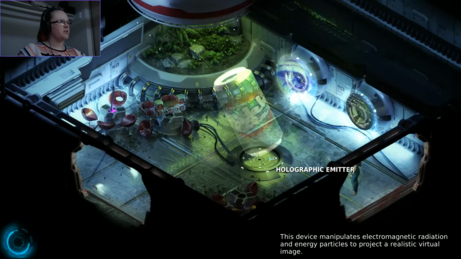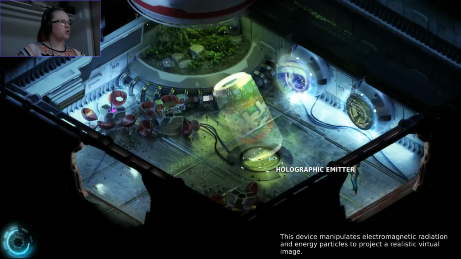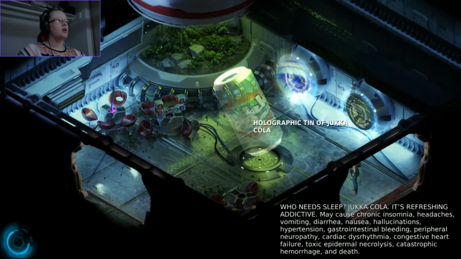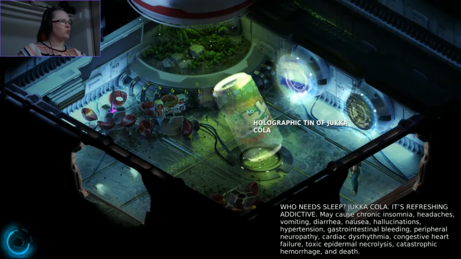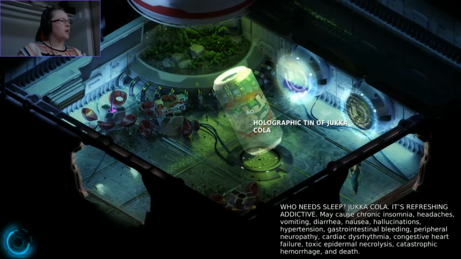Hologram. This device manipulates electromagnetic radiation and energy particles to project a realistic virtual thing. Hologram of Junka-Cola. Who needs sleep, Junka-Cola? It's refreshing, addictive.